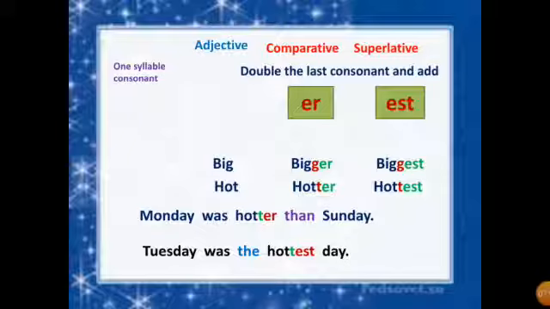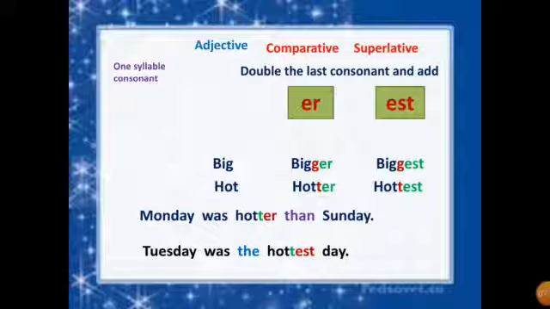And the same example, hot, hotter, the hottest. Now for example, Monday was hotter than Sunday. Hotter. In comparative form, double the last consonant t and add er. And also we use than.